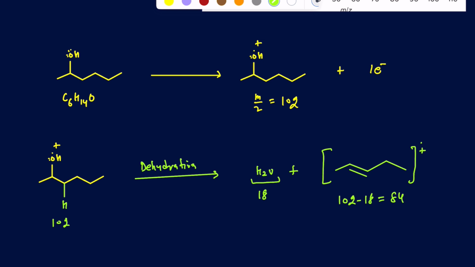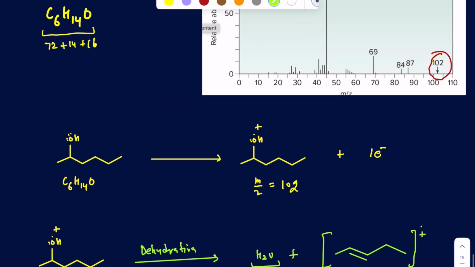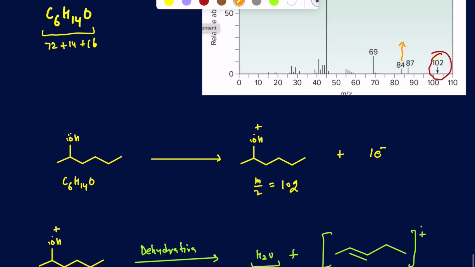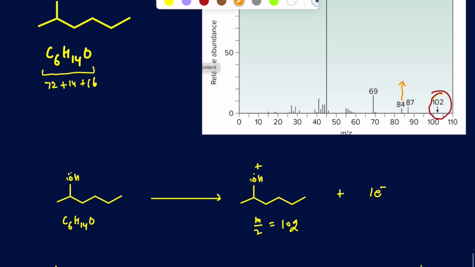So I should be seeing a signal at 84. Let's see if we have that, and we do have a signal at 84. This is because of the alkene radical cation that you make after losing water. So that's one of the most common fragmentations alcohols do.